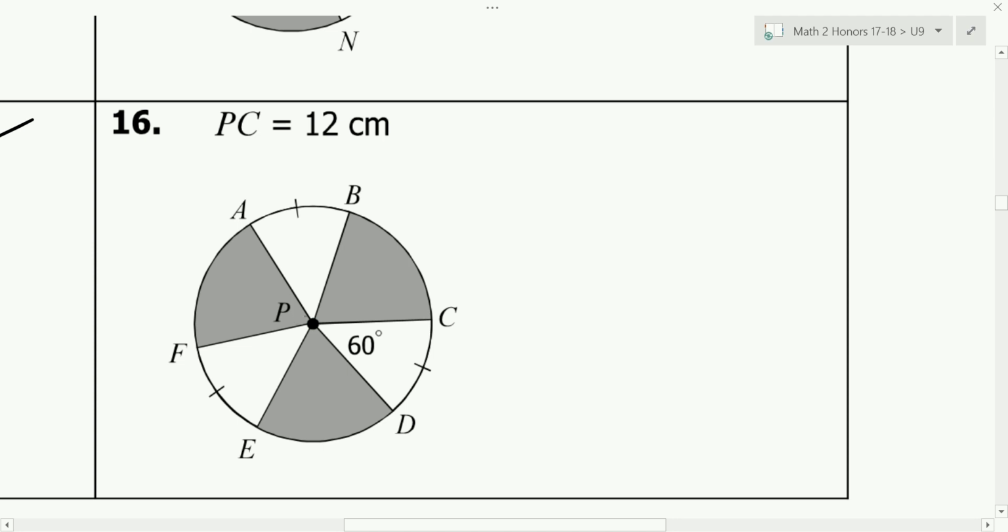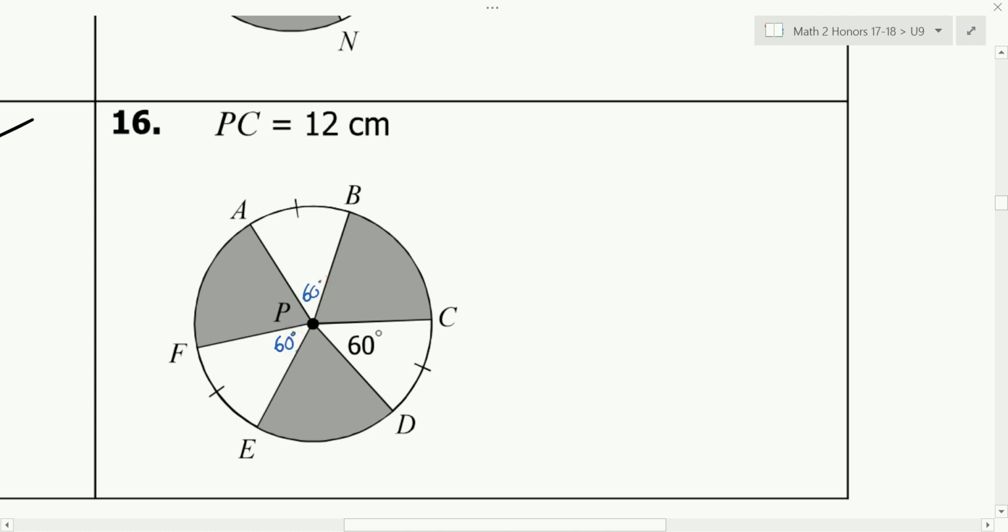Or was that something you were assuming? You're assuming it? And maybe that's a safe assumption. Maybe it's not. Any comments on that? We'll come back to it. Yeah, what do you think? Okay, for the non-shaded regions, the arcs are congruent. So we could say that this is 60 and this is 60 for sure.